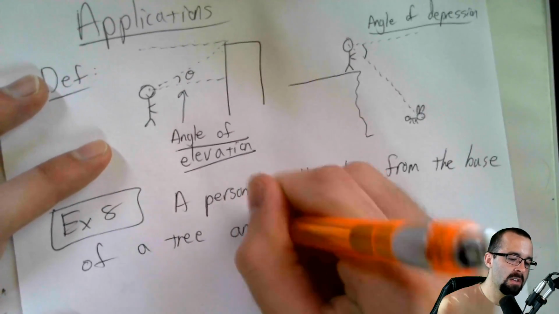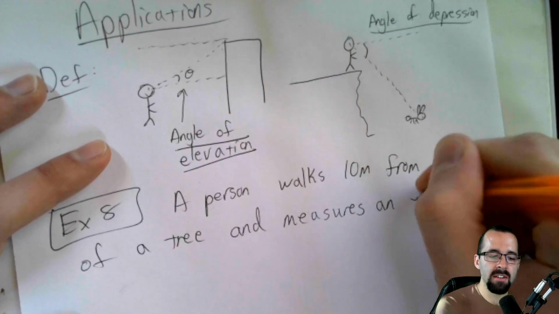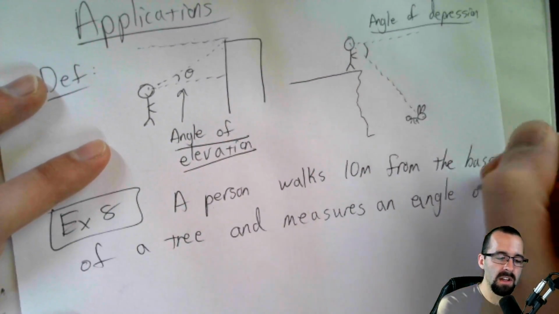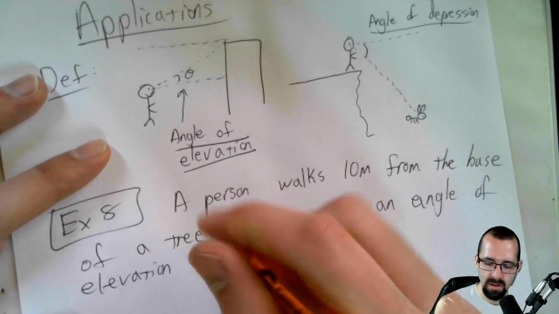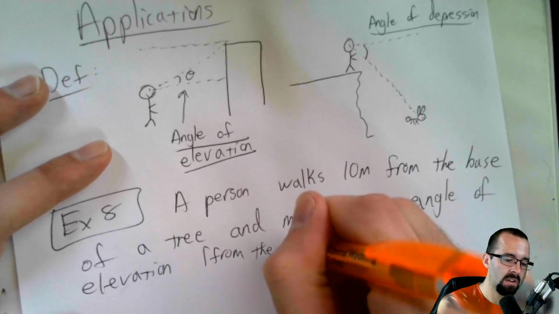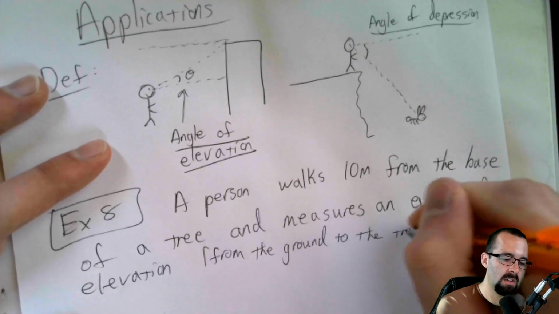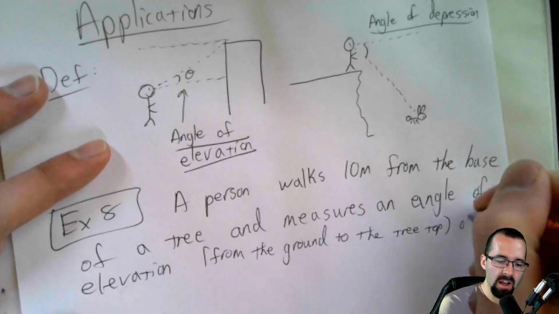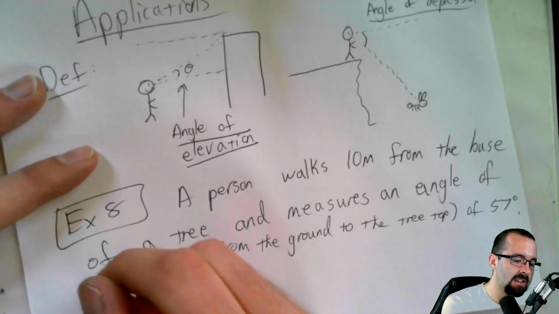And they measure an angle of elevation, and be very clear here, from the ground to the treetop of 57 degrees. And the question is, find its height.